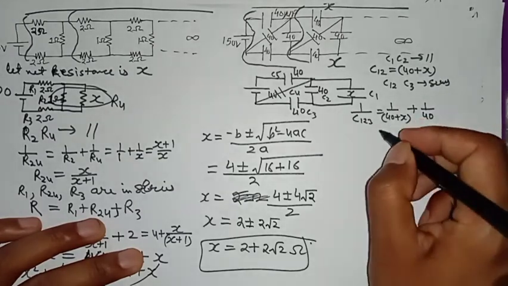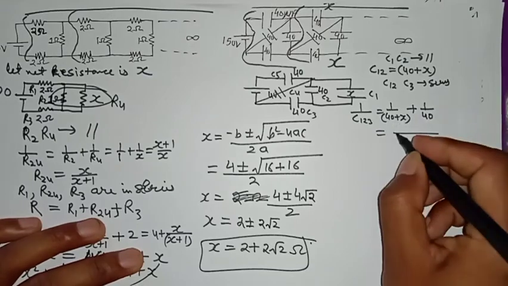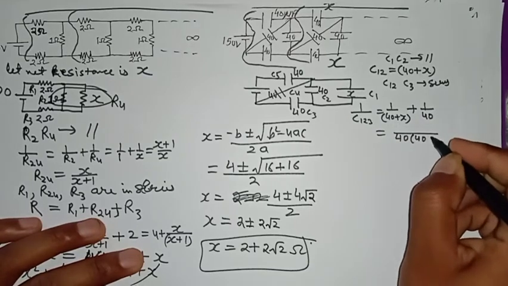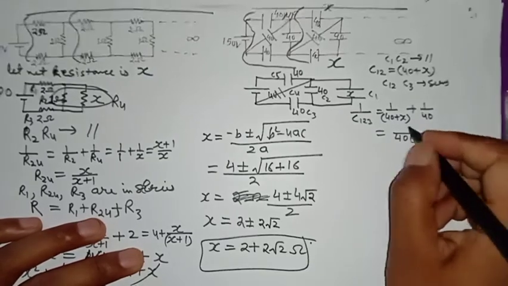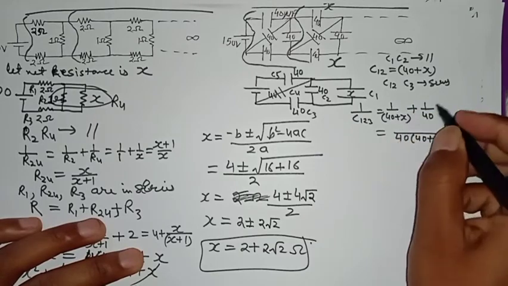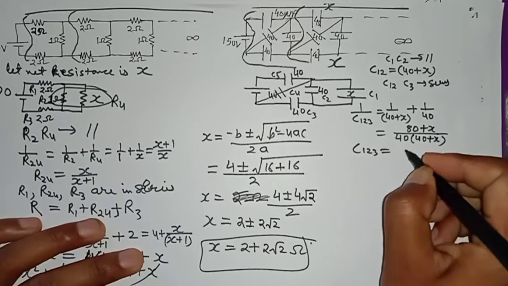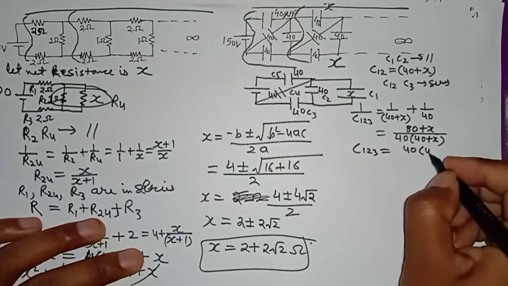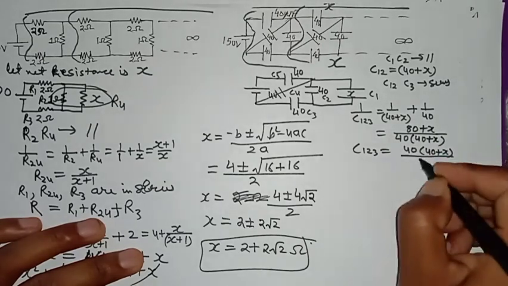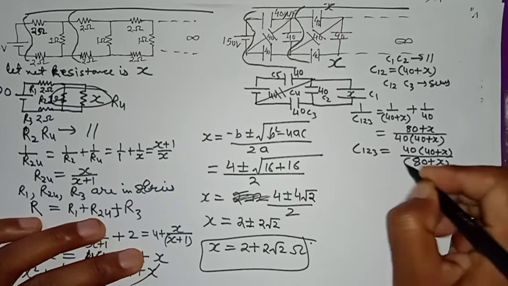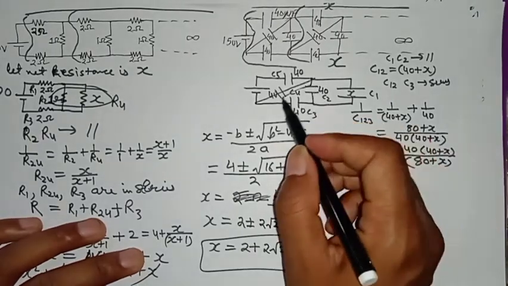Oh, I have taken such huge values. This is going to be lengthier. 40 and this, I'm directly writing 80 plus X. So C123 is 40 plus X upon 80 plus X. Till here we have done.